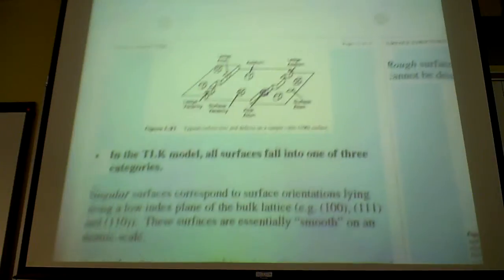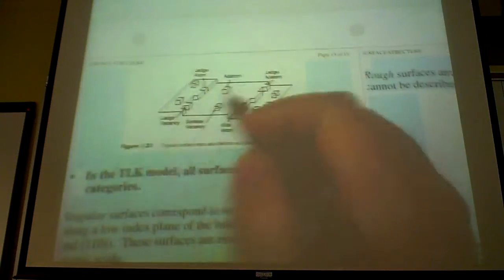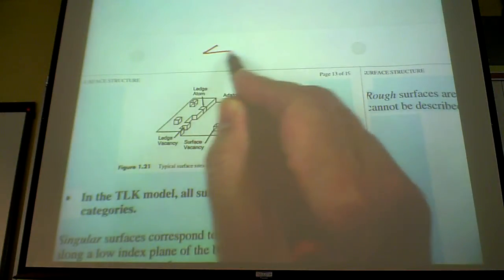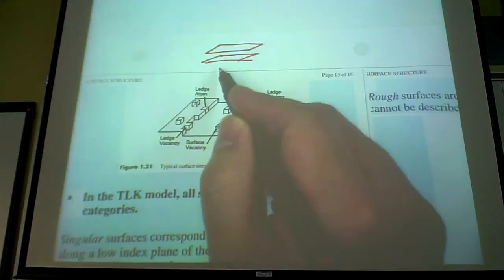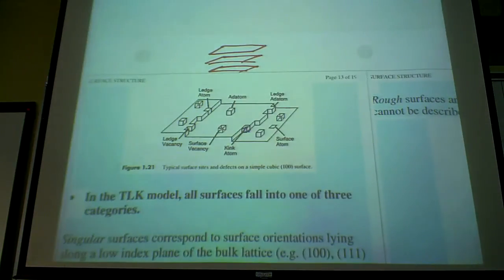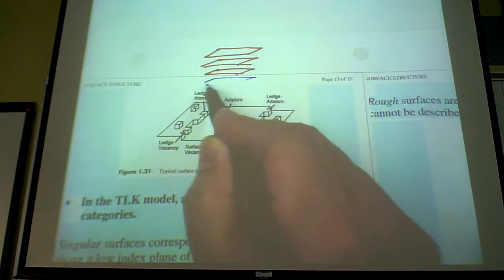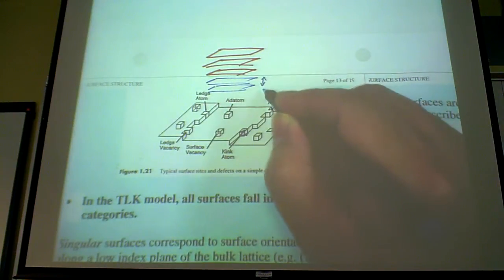So let me try to clarify this. As I said before, we have this layer, right? Usually there are two or three, let me draw three, and then down below you have this layer here, and the spacing here is fixed.